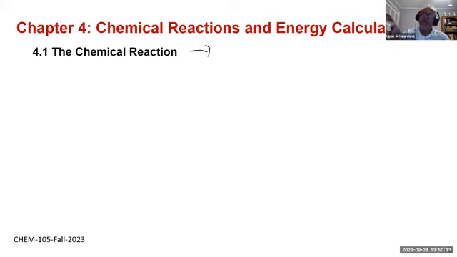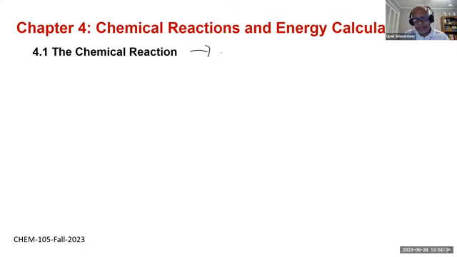You write the formula of the reactants and products, then an arrow representing conversion of reactants to products. In a chemical reaction, the reactants change to different chemicals in the products. Therefore, it's a chemical change.